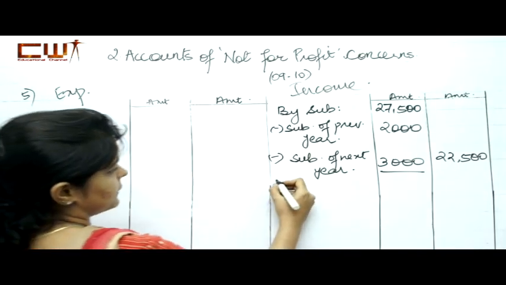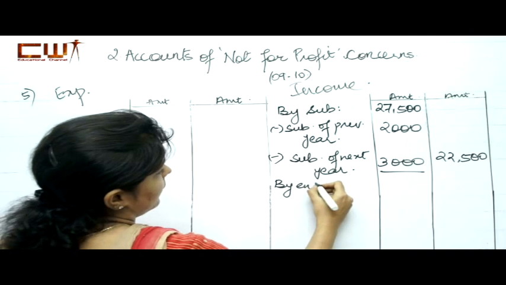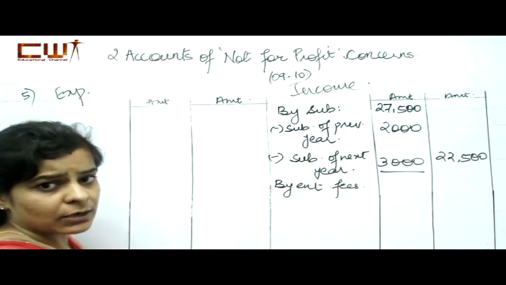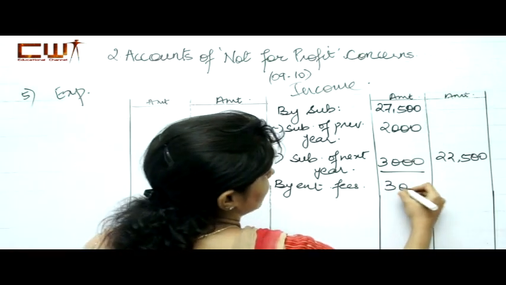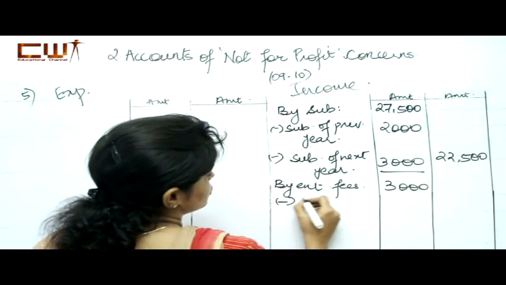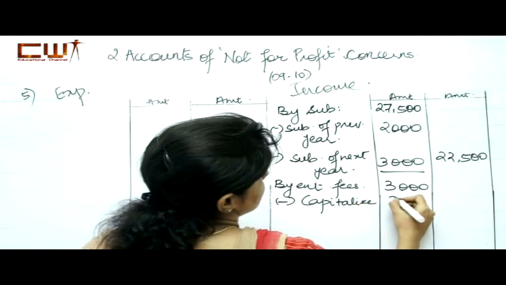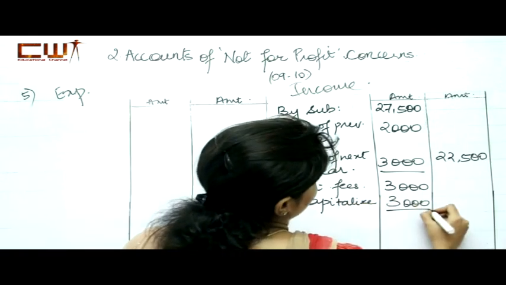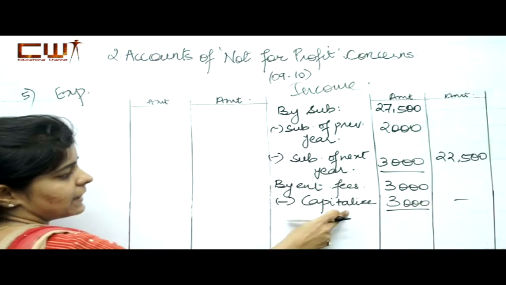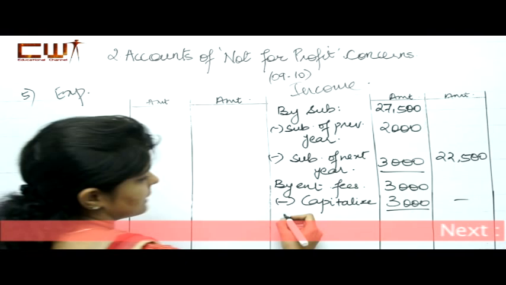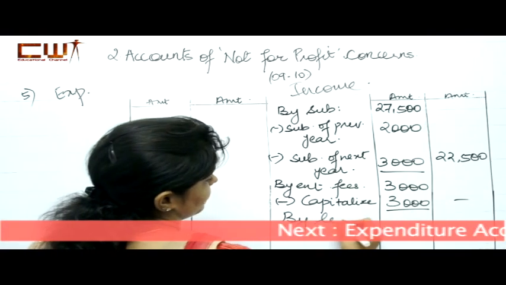Next is entrance fees. See, entrance fees is how much? 3,000. And they are asking to capitalize the full entrance fees. So capitalize the full entrance fees means 3,000 subtracted by 3,000 will give you 0. And this will go and be added to the capital fund. Next is legacies.